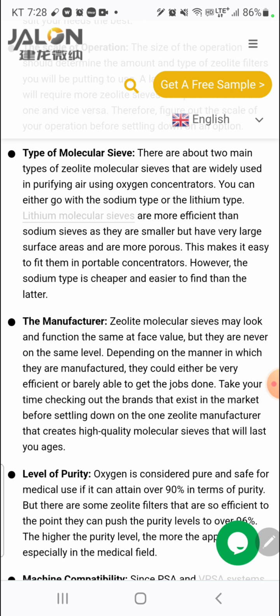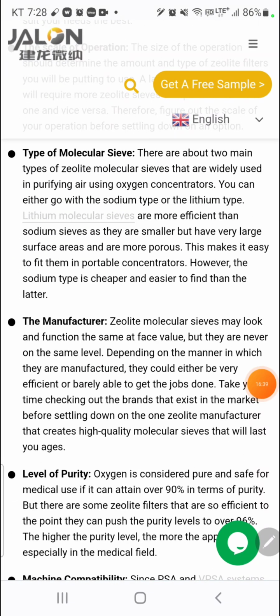The manufacturer. Zeolite molecular sieves may look and function the same at face value, but they are never on the same level. Depending on the manner in which they are manufactured, they can either be very efficient or barely able to get the jobs done.